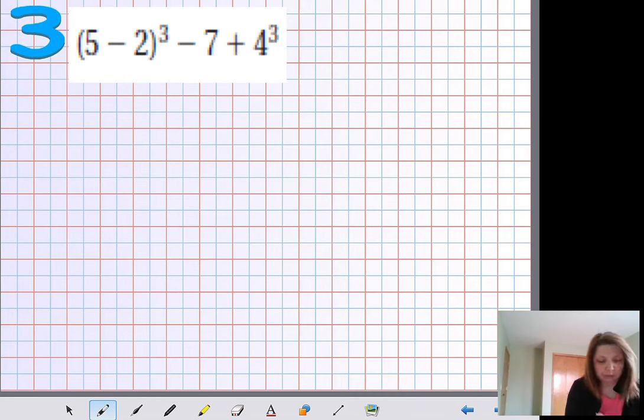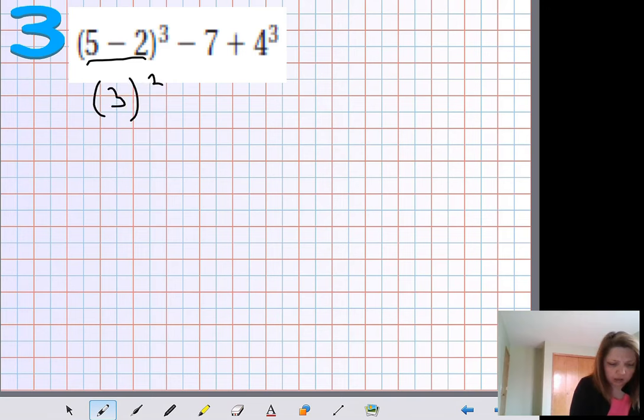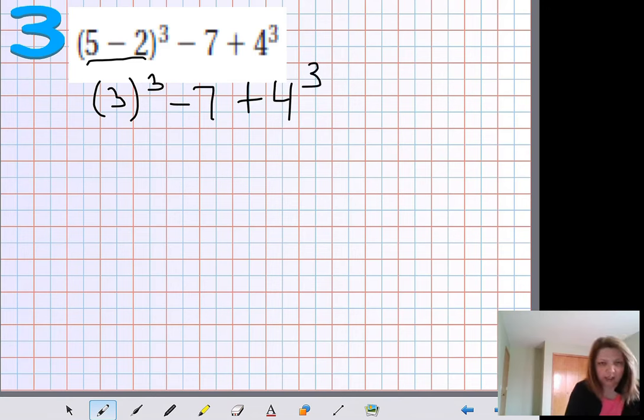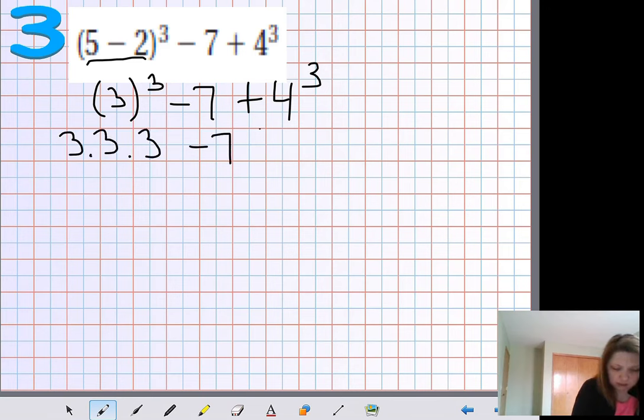5 minus 2 to the power of 3 minus 7 plus 4 to the third power. Okay, we'll work those first inside the parentheses. 5 minus 2 is 3 to the third power minus 7 plus 4 to the third power. Alright, so 3 to the third power is the same as 3 times 3 times 3 minus 7 plus 4 to the third, which will be 4 times 4 times 4.